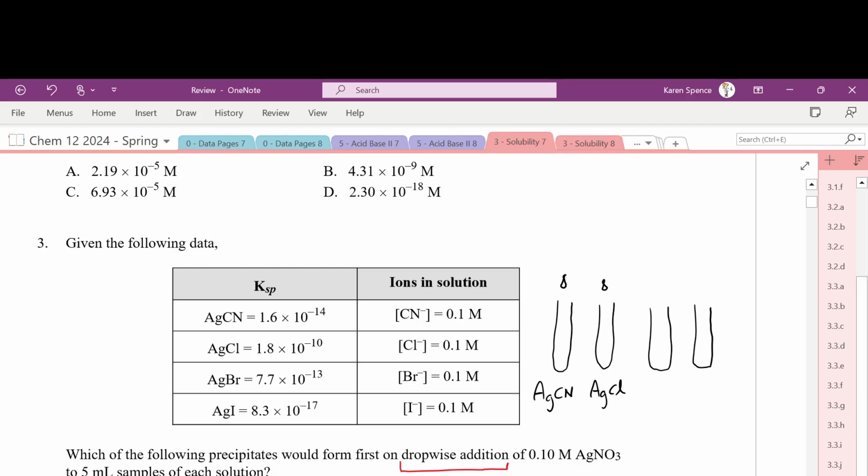AgCl. Oops, sorry, this is CN minus. CN minus, Cl minus, Br minus, and I minus.